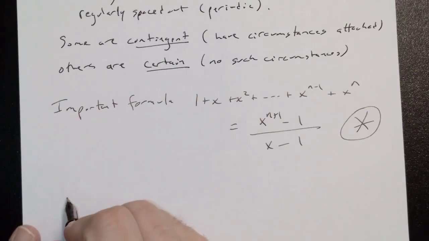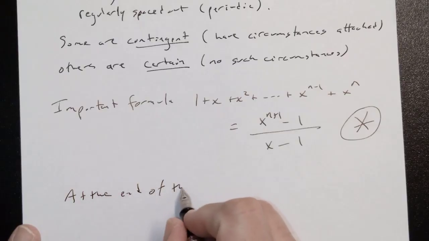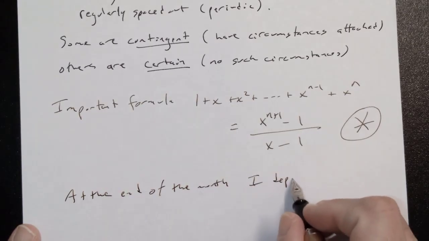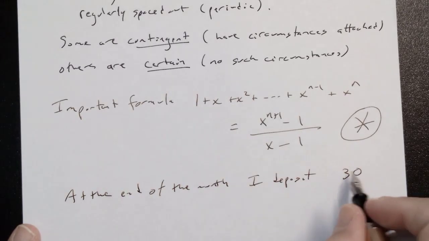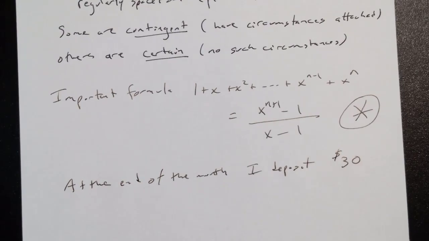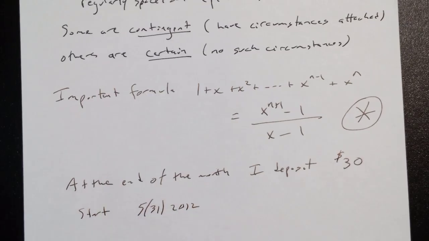When I get paid at the end of the month, I deposit $30 into a savings account. I started doing this May 31st, 2012.